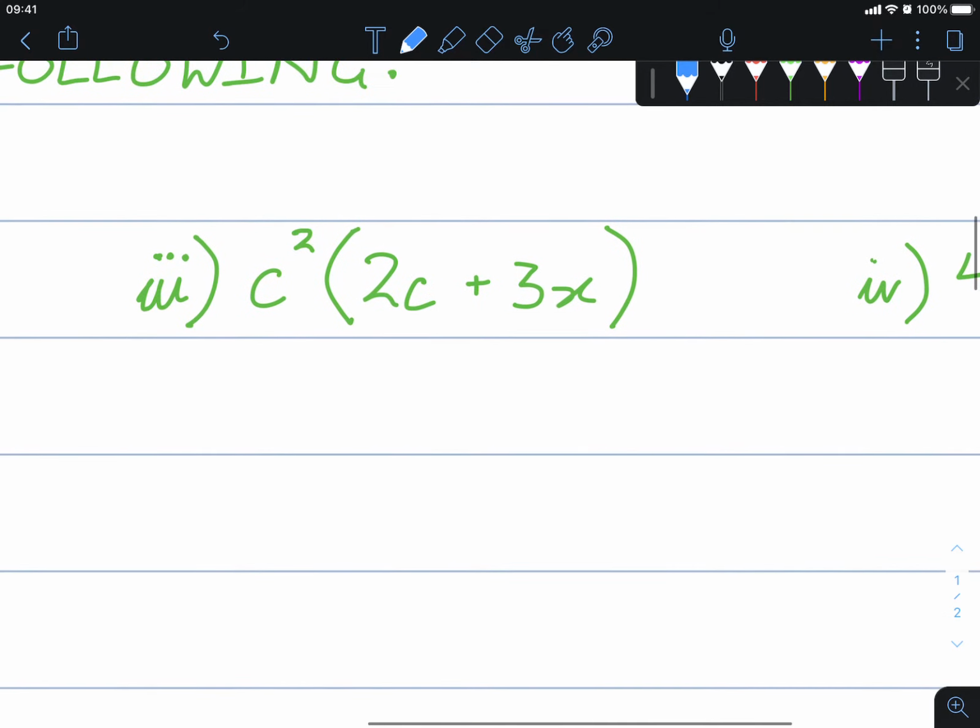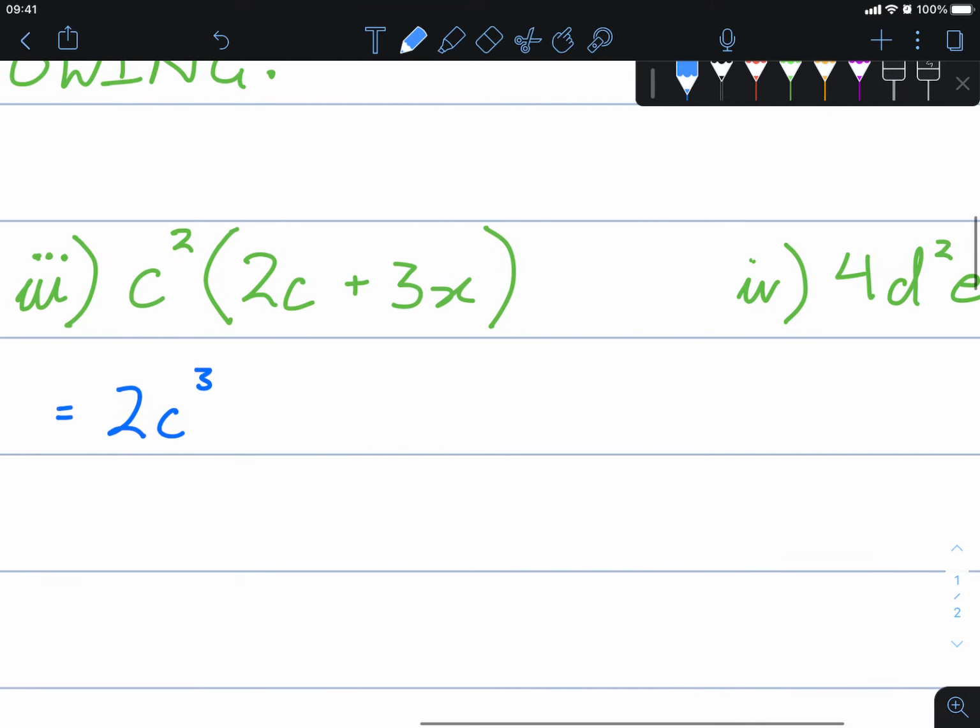Even with a group such as this, when you multiply it out like this, it'll become c to the power of 1, c to the power of 2. They have the same base, therefore the indices will add, c to the power of 3.